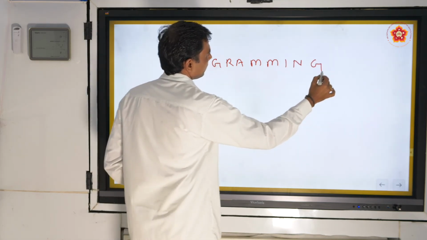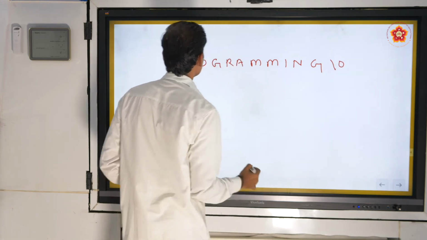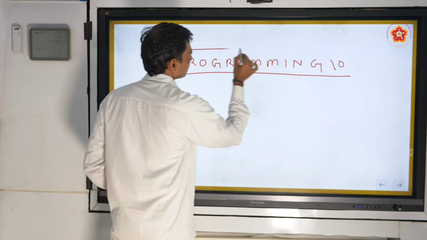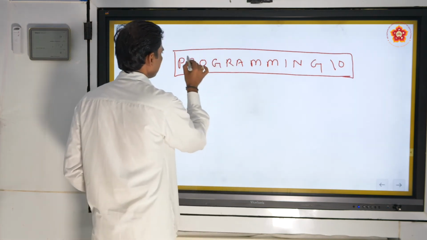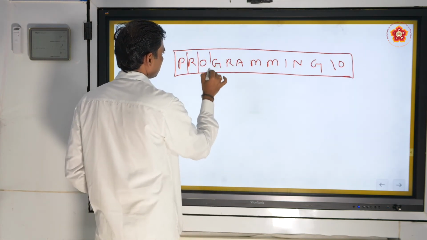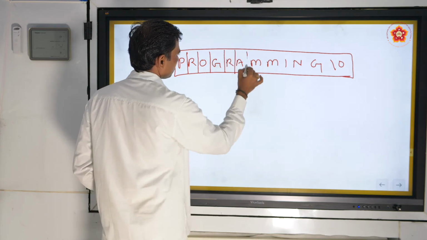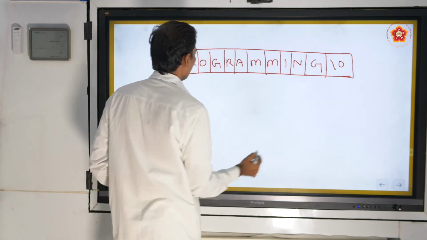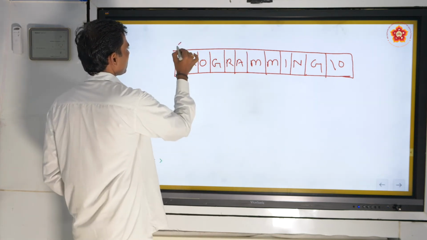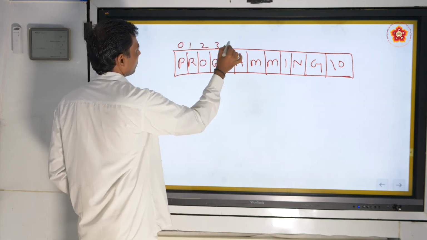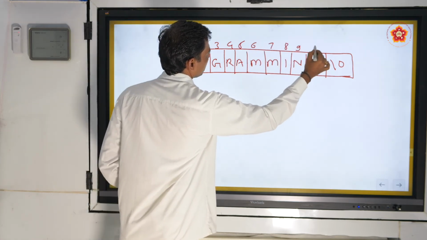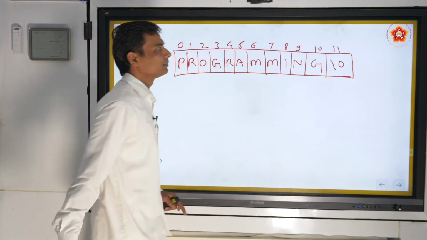"programming" and then '\0'. So this is an array. I am writing the index locations here: 0, 1, 2, 3, 4, 5, 6, 7, 8, 9, 10 and 11.